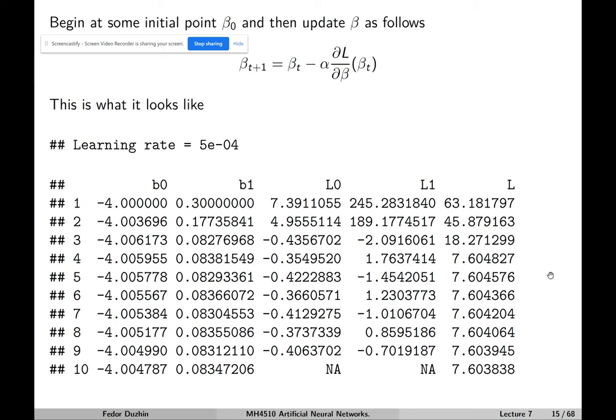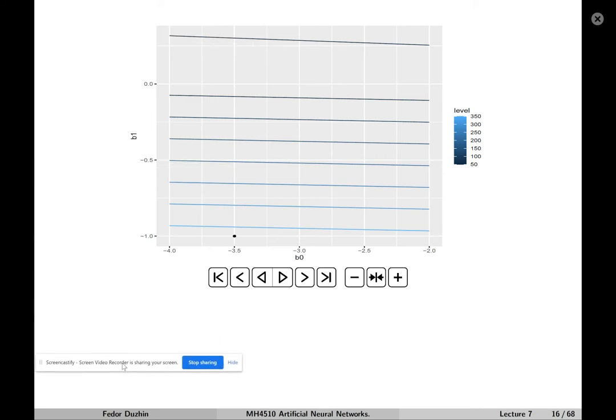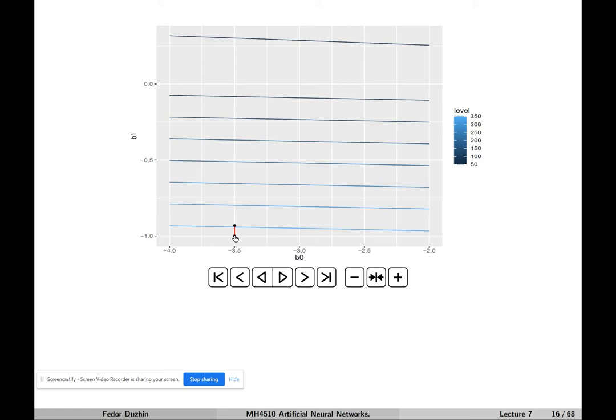This is what it looks like on a picture. Let me show you a picture. I'm going to begin at the point minus 3.5 and minus 1. Every time, I make some small steps in the direction perpendicular to my level curves of L. So far, I'm just going to move here.